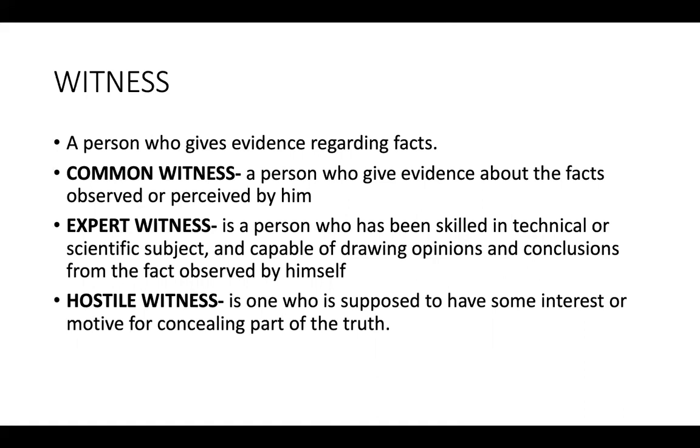Common means a common person who had seen a crime; he will give his account of what happened, what he observed, what he had seen. That is common witness. An expert witness is a person who is skilled in a technical or scientific subject and capable of drawing opinion and conclusion from the fact observed by him.